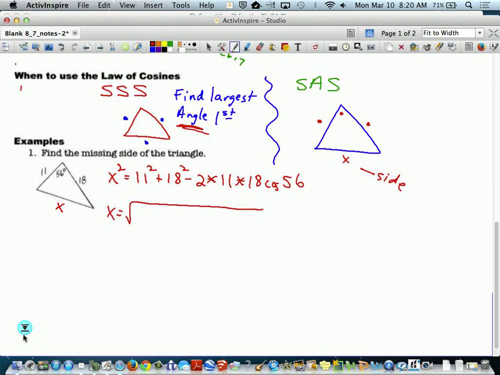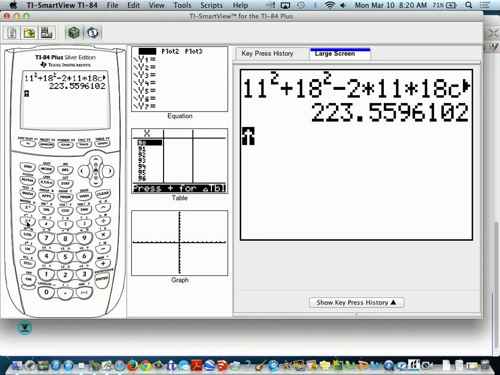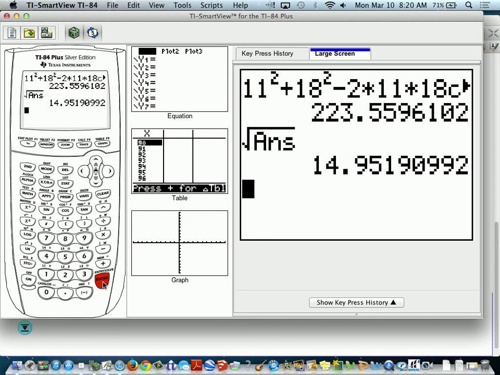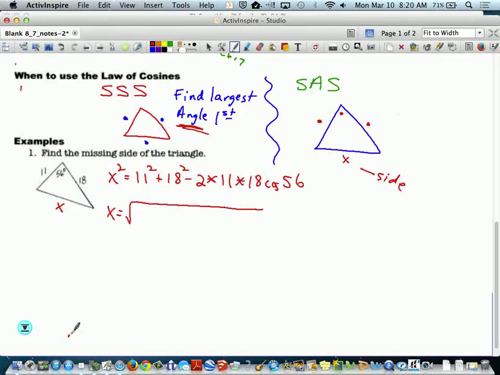No. The only way it can be the largest is if the next two are 55 or less, right? So 55 plus 55 is 110, plus 56 is 166. We're not to 180 yet. So there's no way this can be the largest angle, so there's no way 223 can be the largest side. So always make sure when you're doing this problem that you remember to do the square root. 14.95 makes much more sense, right?